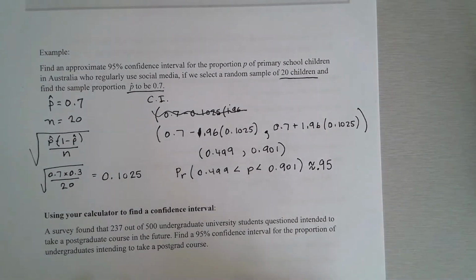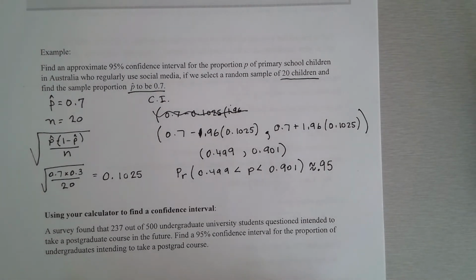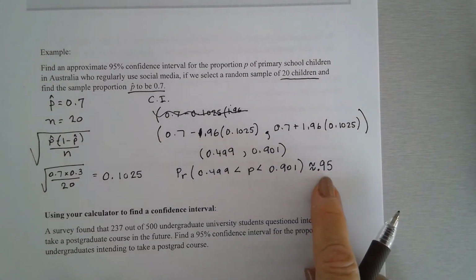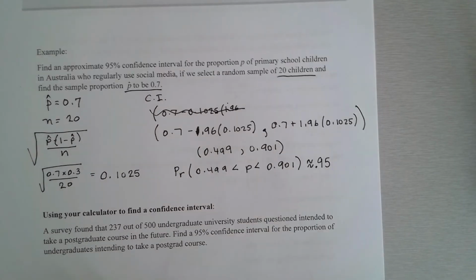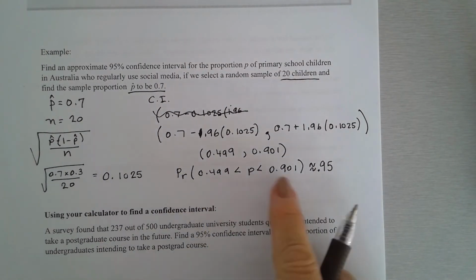Okay? So, here's what it is. I have confidence that 95% of the time, the P is going to be between 50 and 90%.